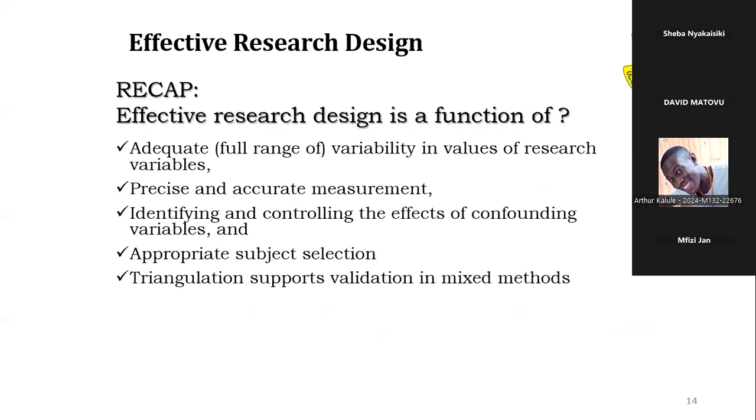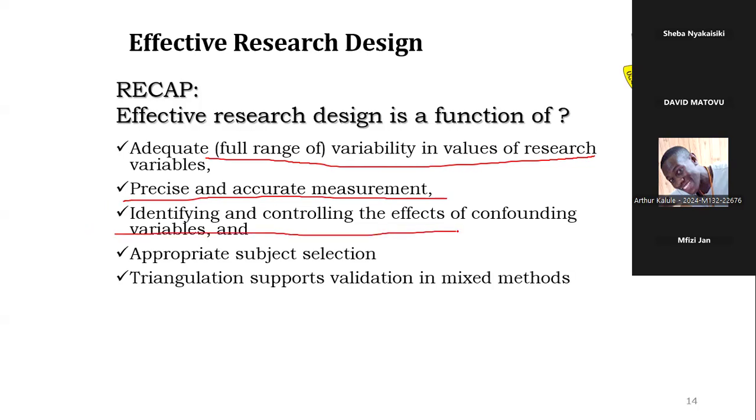So this is just a recap to give you guidance on research design. In quantitative research, you should have a full range of variables that you want to study. You want to have precise and accurate measurement. Identify areas that you can control.